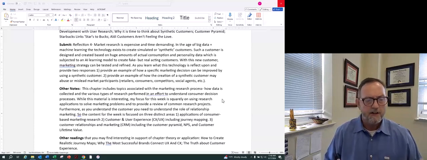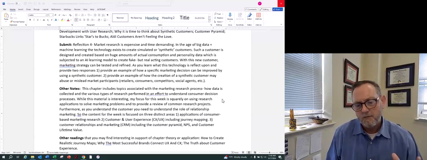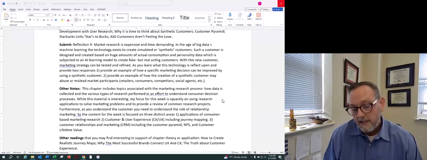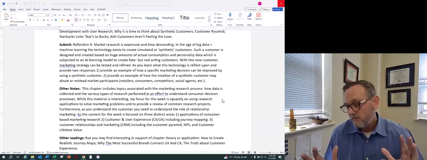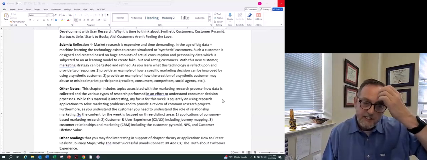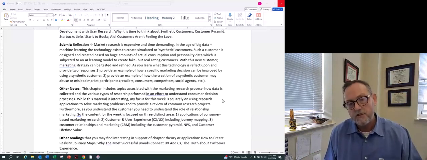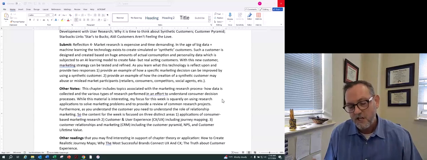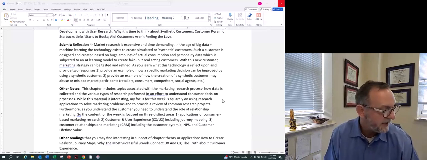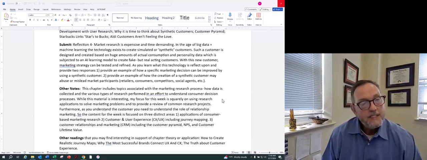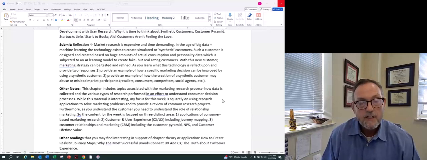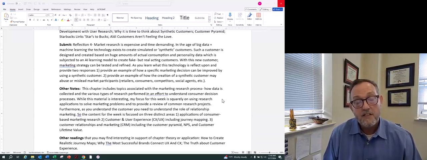The last part that I want to mention is the reflection for the week. It deals with something called a synthetic customer. And again, this is a leading, cutting edge thing. It's data driven, so it's a research driven process like this chapter would suggest. But in essence, a synthetic customer is a customer that's been created based on lots and lots of customer data, but it's a synthetic customer.